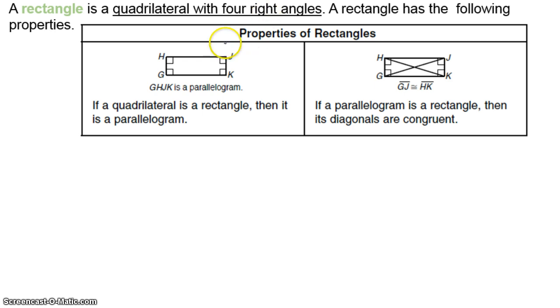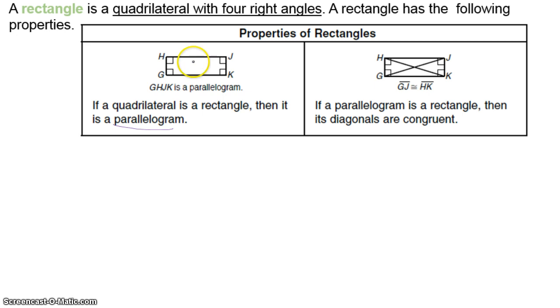Okay? So if we take a look at our quadrilateral, we have our statement: if a quadrilateral is a rectangle, then it is a parallelogram. Okay? Because remember, we're talking about our 3 special parallelograms today. So you know that it has the 4 right angles. So you can see the properties of the parallelogram.